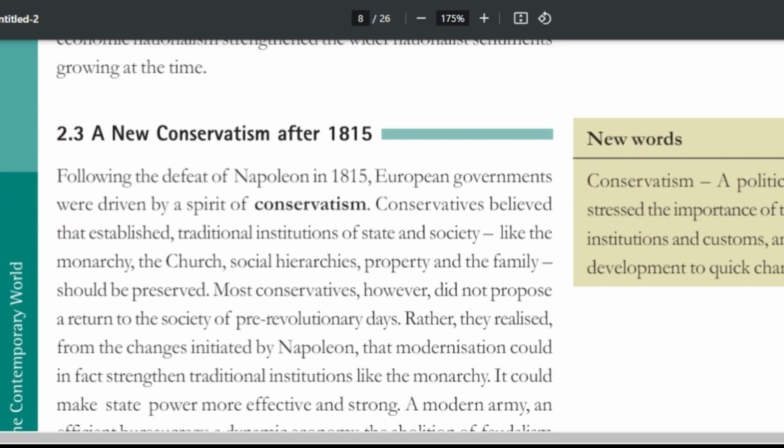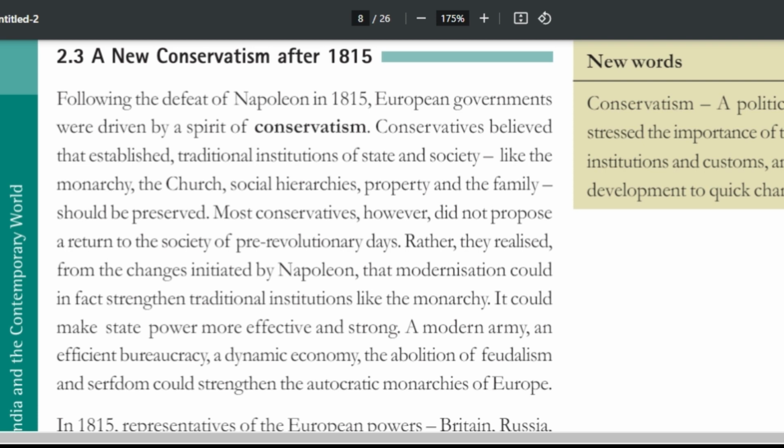New conservatism after 1850. Following the defeat of Napoleon in 1815, European governments were driven by a spirit of conservatism. Conservatism is a political philosophy that stressed the importance of tradition, established institutions and customs, and preferred gradual development to quick change. Conservatives believed that established traditional institutions of the state and society, like the monarchy, the church, social hierarchies, property and family, should be preserved.